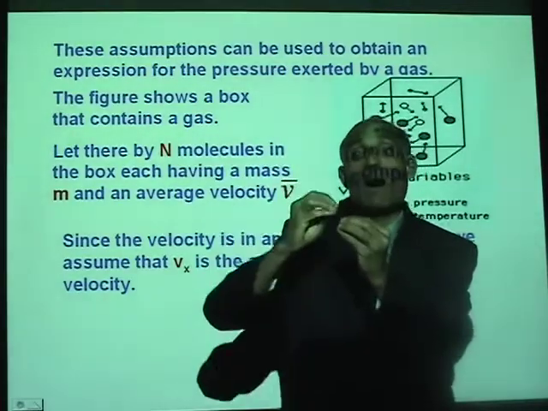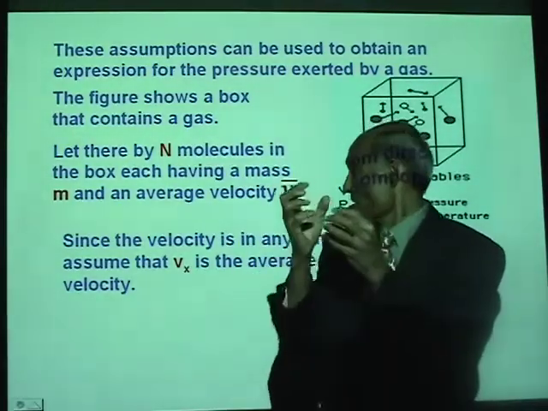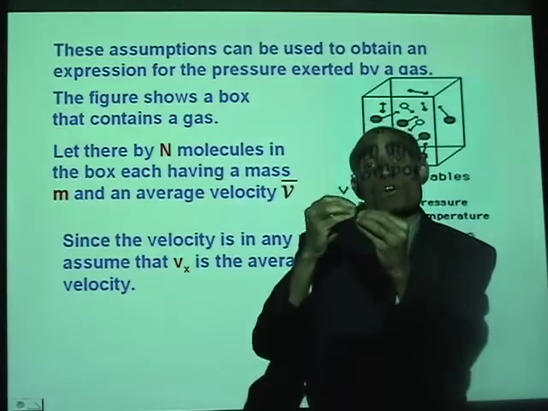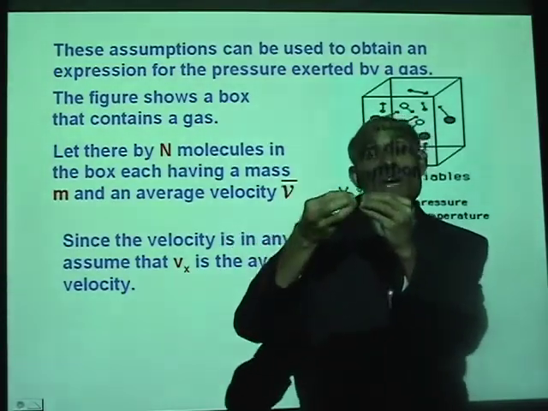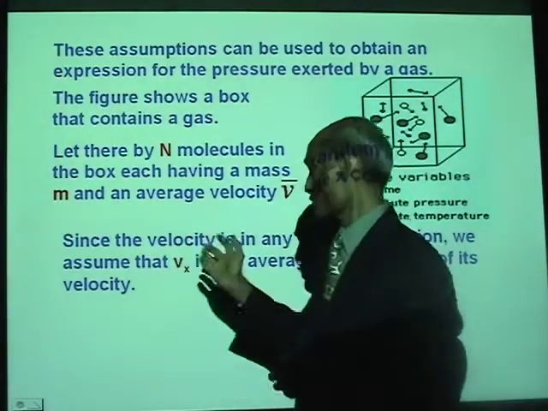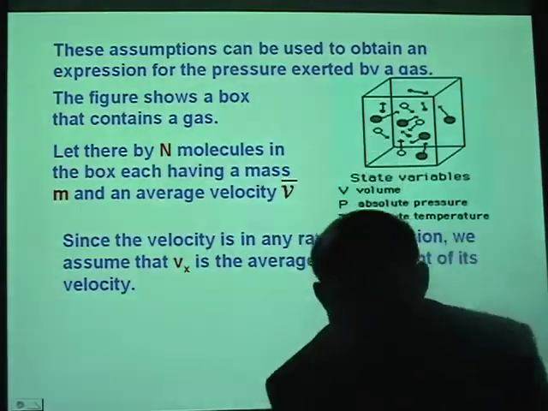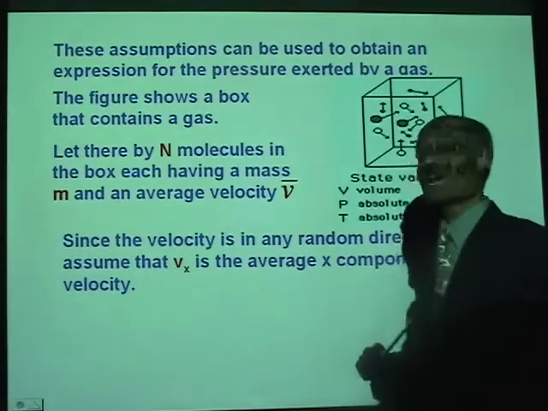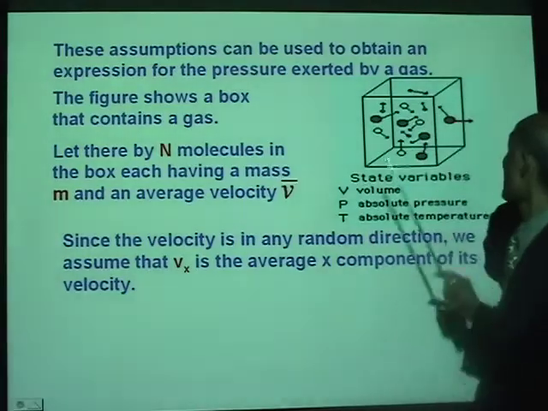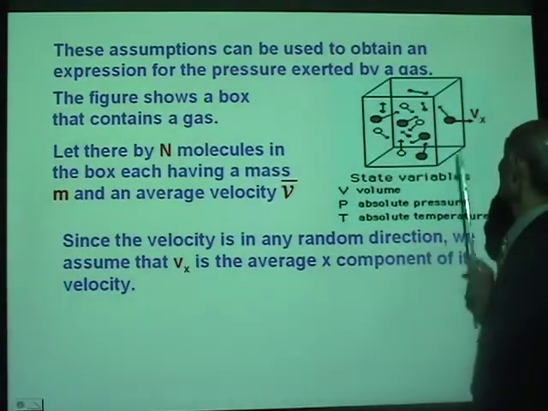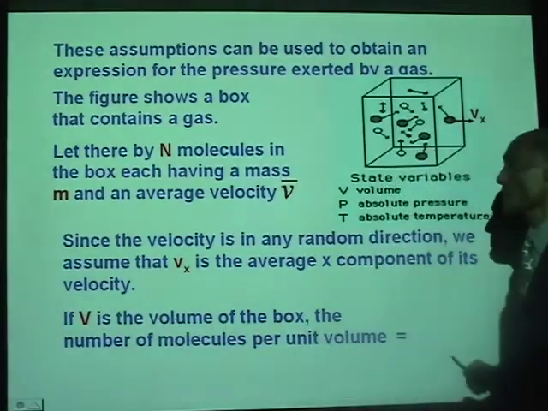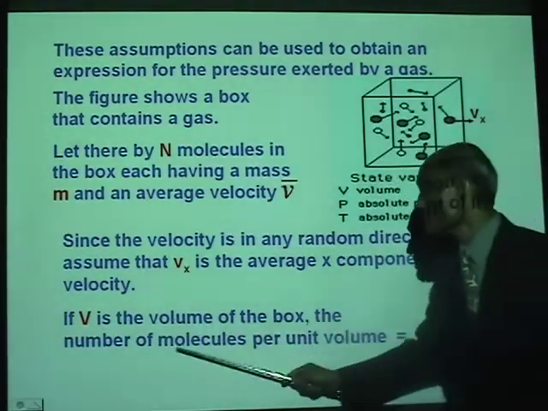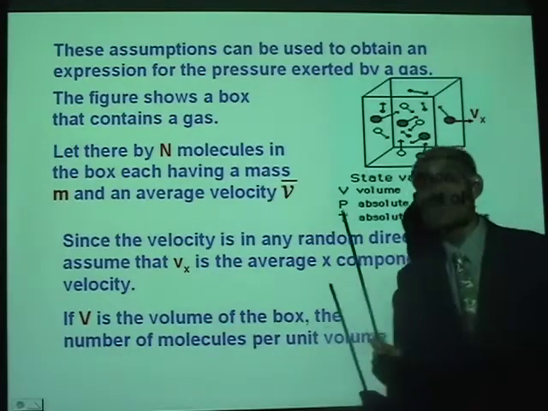So at any time, a molecular velocity has an x component, a y component, and a z component. So let's concentrate on the x motion. Vx is the average x velocity of that molecule.